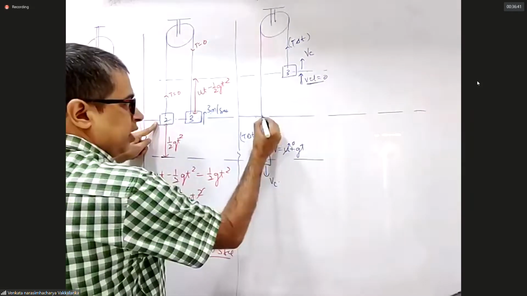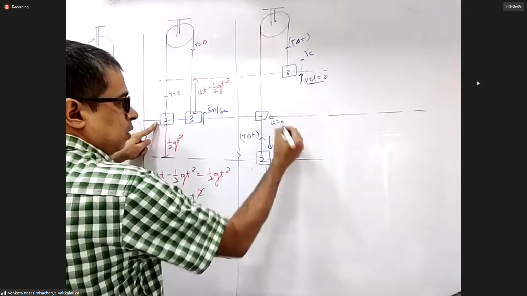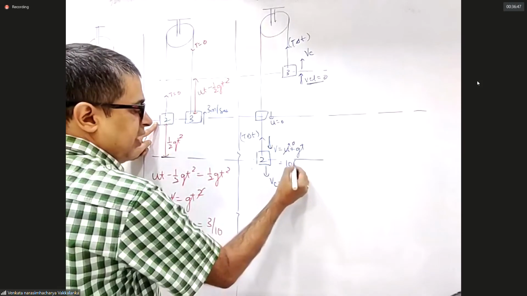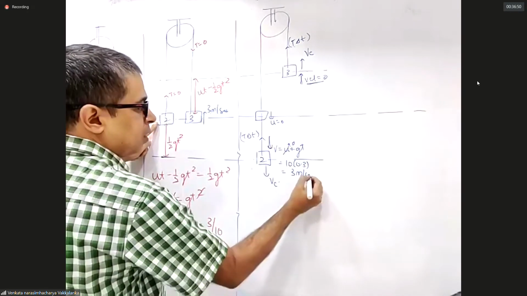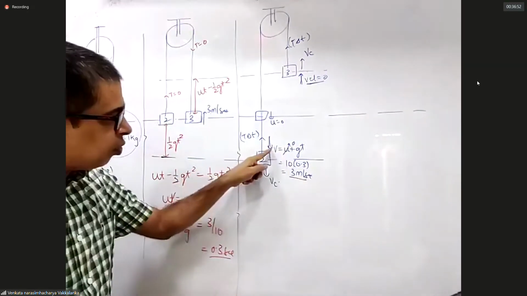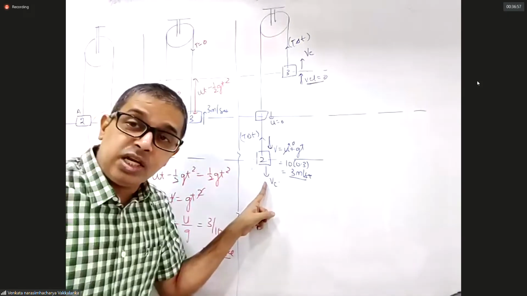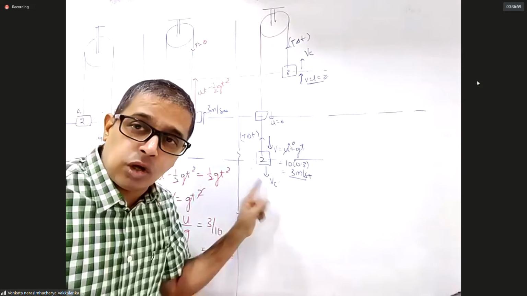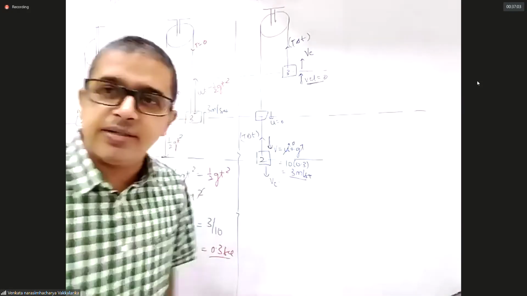U is 0 here. This is 10 into 0.3. This will be 3 meters per second. Just before the string became taut, it is 3 meters per second. Just after the string became taut, it is v common, which I am yet to calculate.